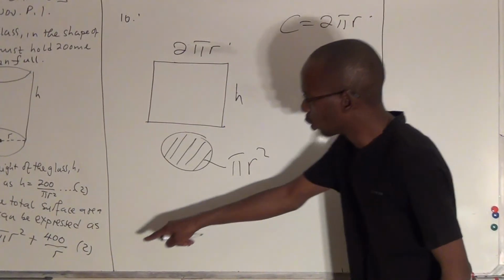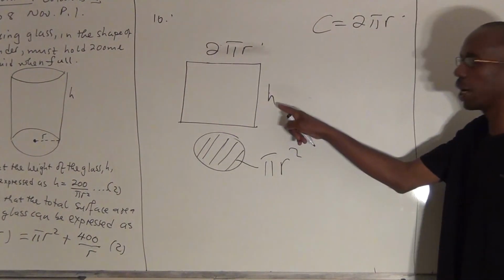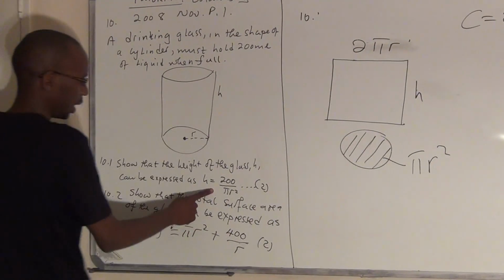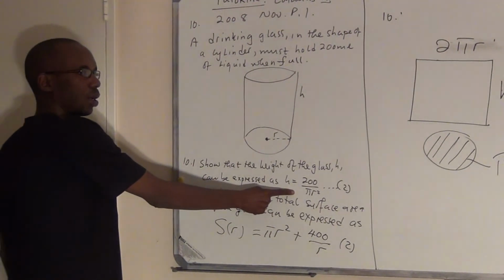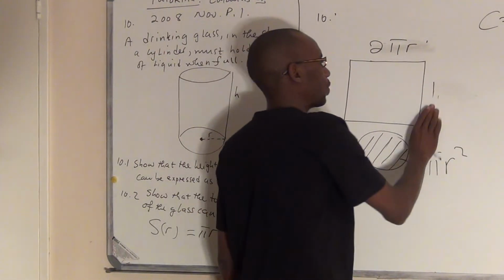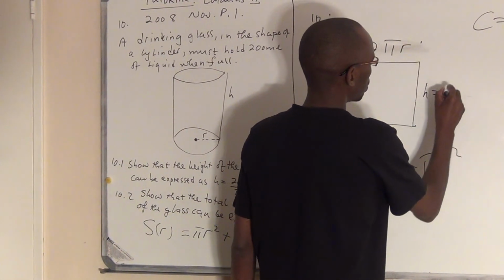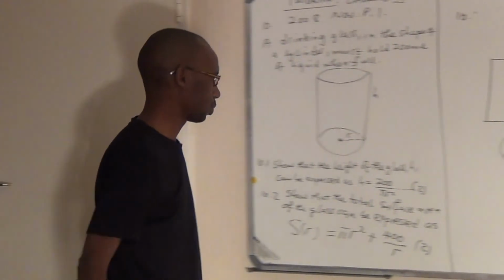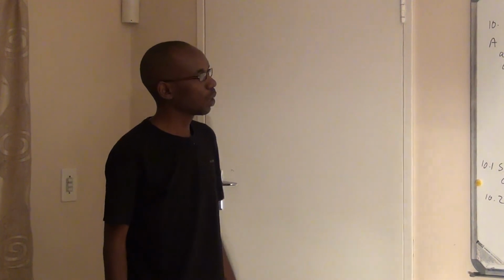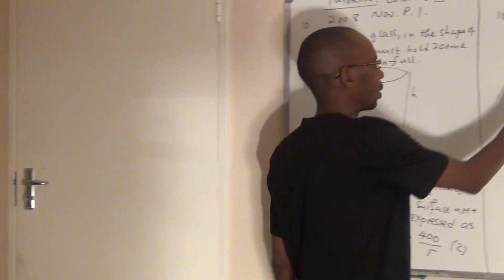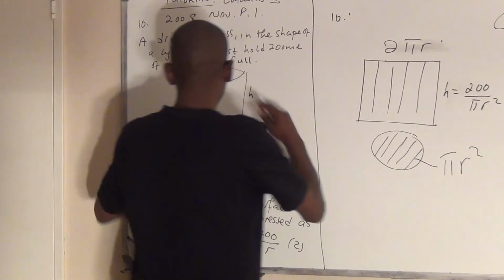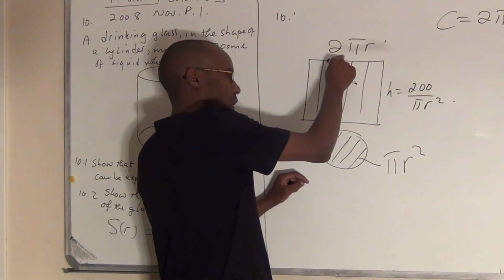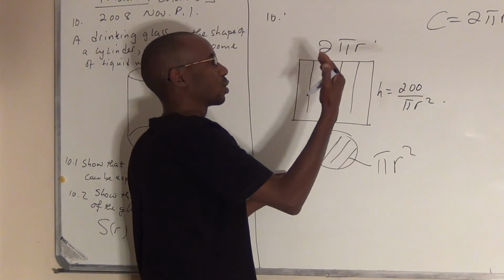More importantly, you see also that if you look at your expression as given, there is no h anyway. But if we go back to question 1, we just managed to show that h is equal to 200 over pi r squared. So we can easily come here and remove this h. Now, the area of the curved surface is simply the area of a rectangle.